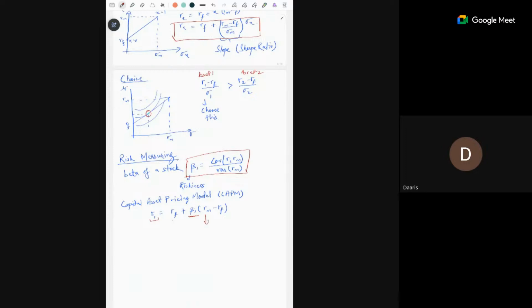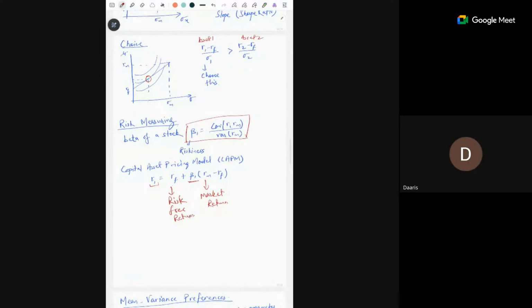RM is the market return and RF is the risk-free return. So we get this benchmark return. So we compare the actual return of this asset I with this benchmark. If the actual return is higher, then yes, this is a good investment choice. If the actual return is less than the benchmark return, then this investment is not worth investing in.